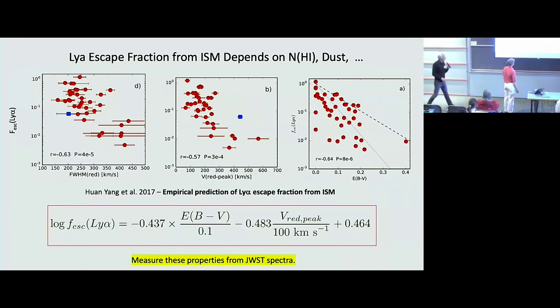Where does it come from? It's coming from the intercept, right, of the least obscured. Yeah, but physically, I'm trying to understand what happens if you have no outflow and 0 E(B-V). So what is the meaning of the formula?